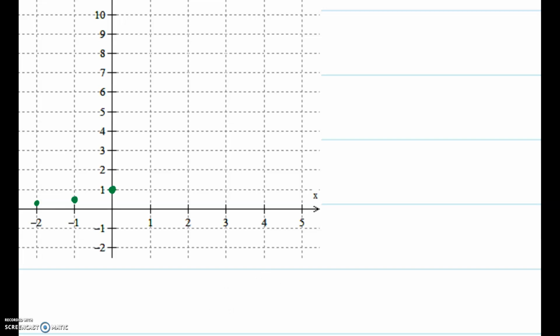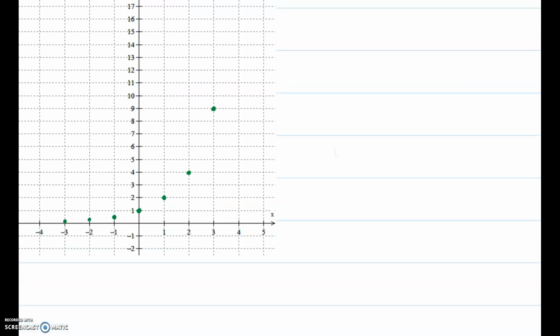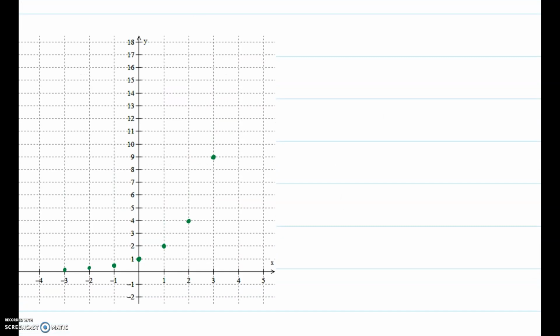Okay, and then we had the point 1, 2, and you can check out these points if you want by pausing and rewinding the video. 2 was 4. 3 was 9. And then 4, if we can bring this back in, 4 was 16.